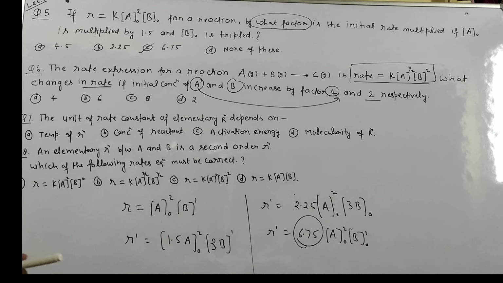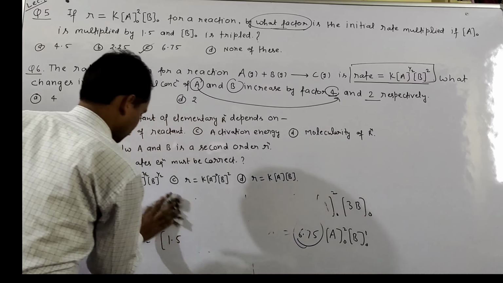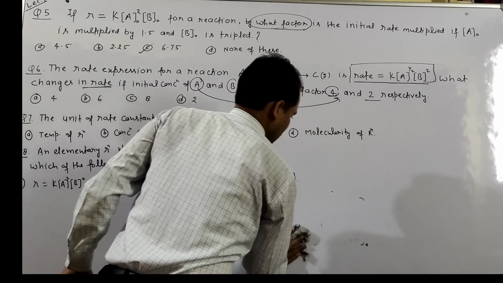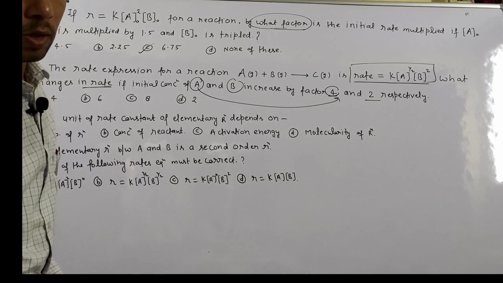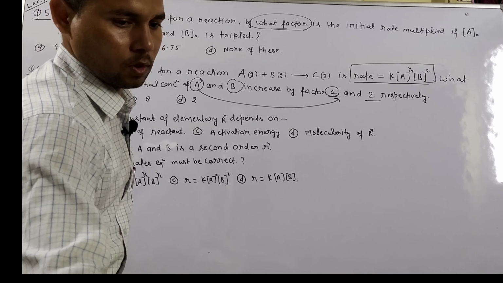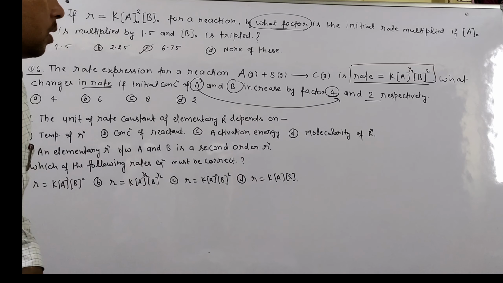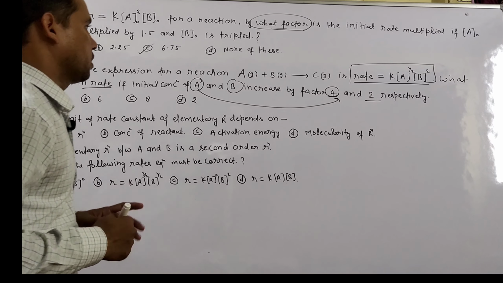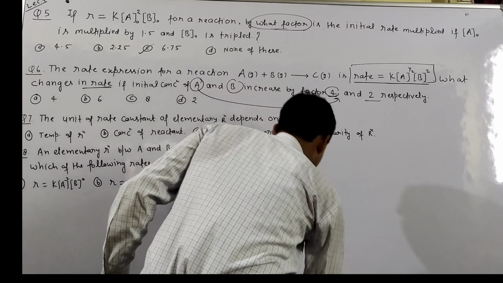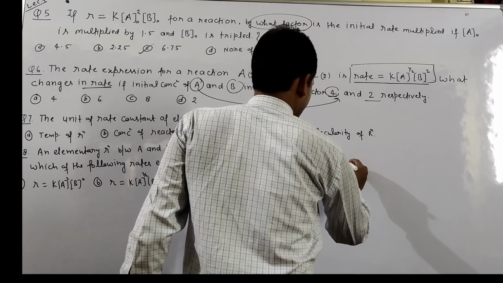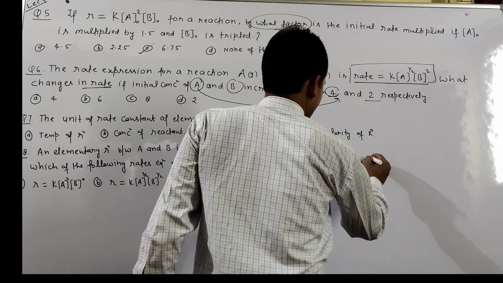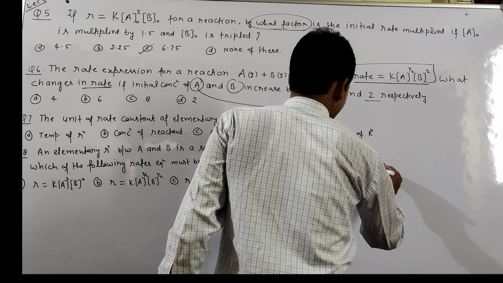So let's solve it. Initially, suppose this rate is given, this is the initial rate. Let's take r equal to k, A to the power 1 by 2 and B to the power 2.